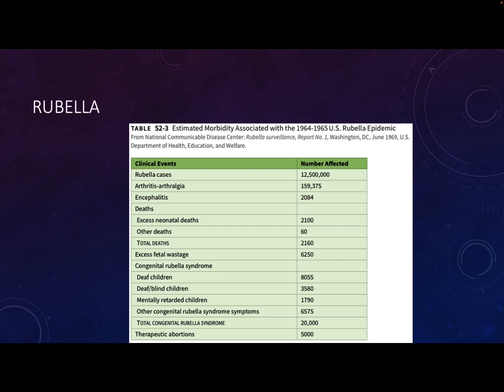So how many extra neonates died? 2,100. Other deaths, 60. So that's, again, not very much.